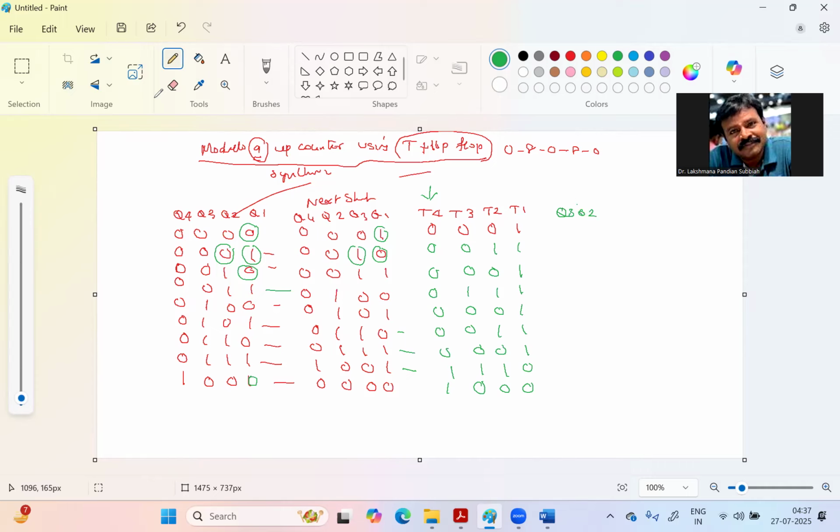With Q4, Q3, Q2, Q1 as variables, the labels are 0, 0, 0, 1, 1, 0, 1, 1, 1, 0. Similarly, 0, 0, 0, 1, 1, 1, 1, 0.